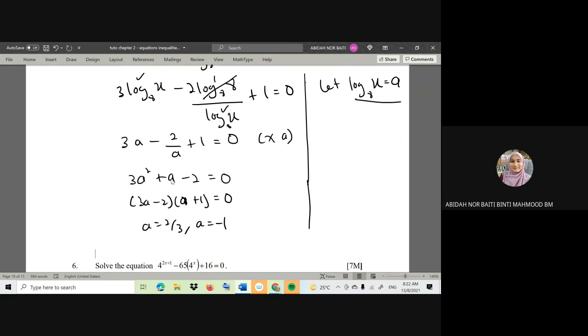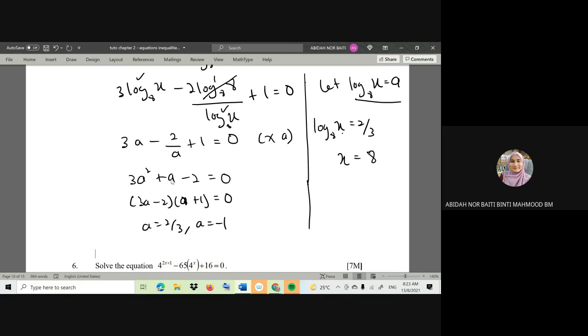Okay, masuk balik dalam kita let tadi ya. Log x base 8 equal to 2 over 3. So how to find your x? Jadi kita nak cari x. How to find x? We change to index form. Okay? Change to index form.